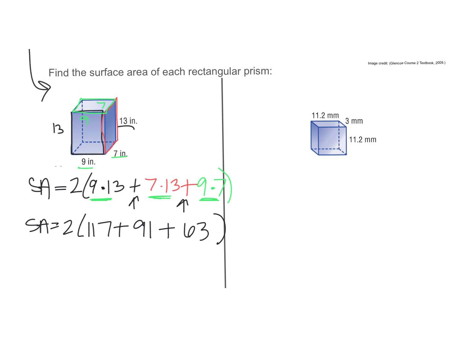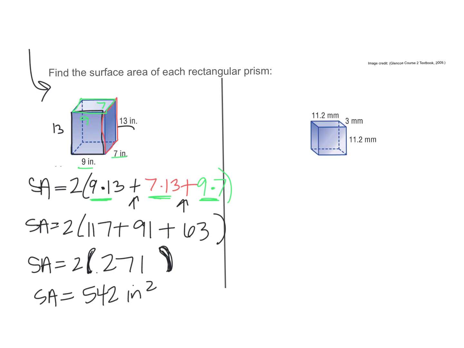Now we do parentheses first, so SA, which is surface area, equals 2 times, and I'm going to do everything in parentheses, so 117 plus 91 plus 63 gets me to 271. So the surface area is going to be 2 times 271, 542. It's area, so it would be inches squared.